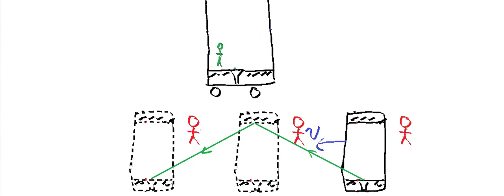In fact, if two frames are in relative motion to one another, you will see that a person in one frame views the other frame as passing time more slowly. We call this time dilation.